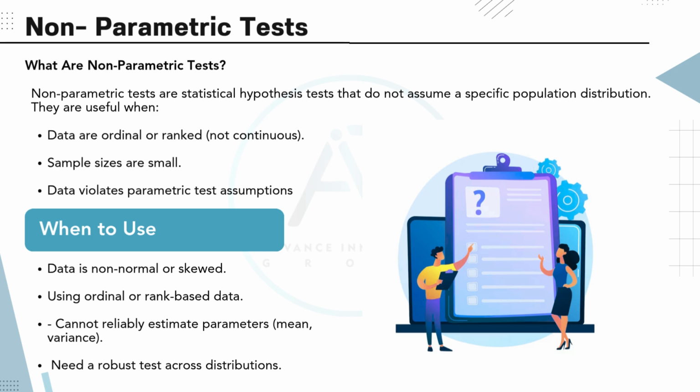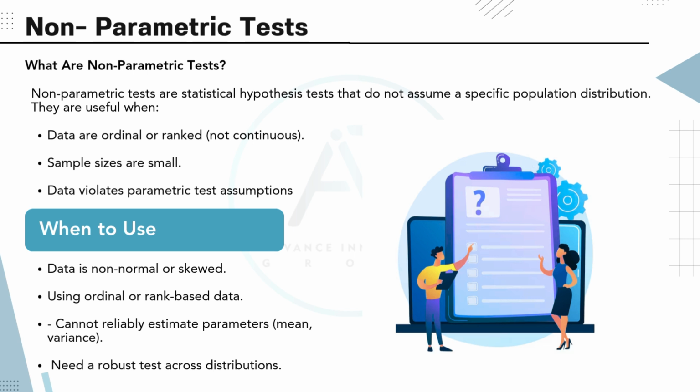They are particularly useful in the following situations: when the data is ordinal, ranked like satisfaction levels: poor, fair, good, excellent. When sample sizes are small, making normality assumptions unreliable. When data violates the assumptions required for parametric tests, such as unequal variances or non-normality.